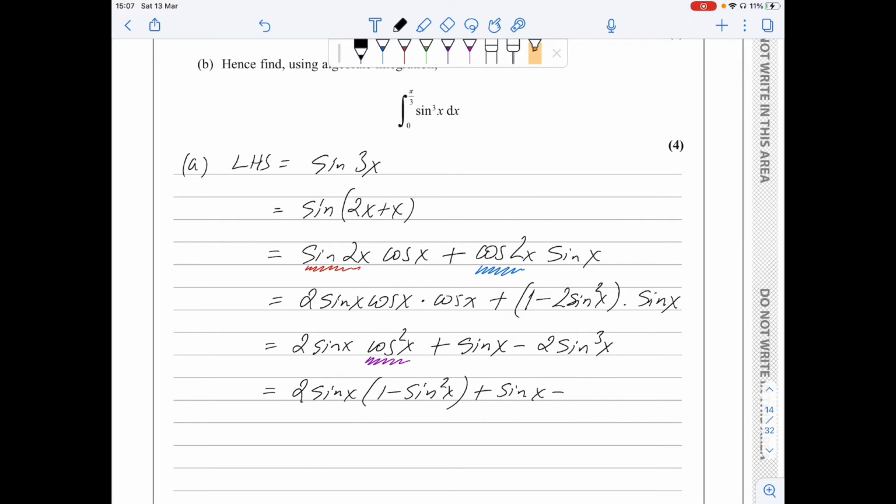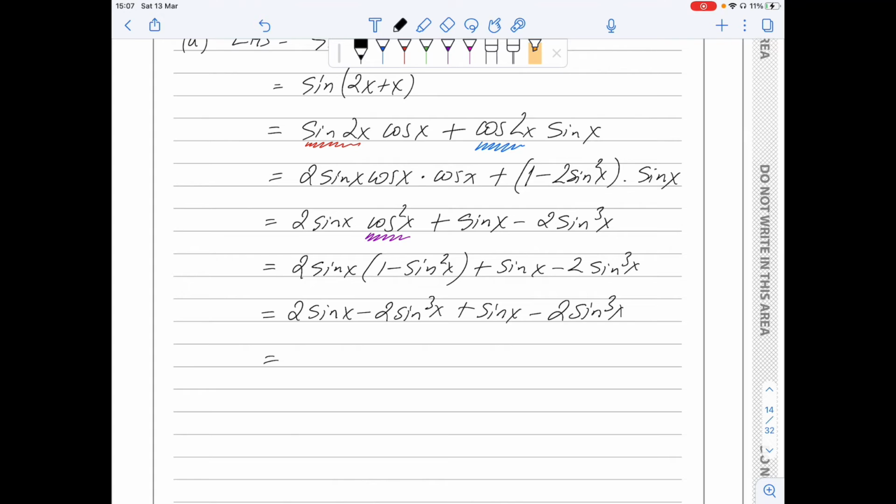Everything else remains the same. So if I expand, I get 2 sine x minus 2 sine cubed x plus sine x minus 2 sine cubed x, which will give me 3 sine x minus 4 sine cubed x, which is equal to the right hand side.